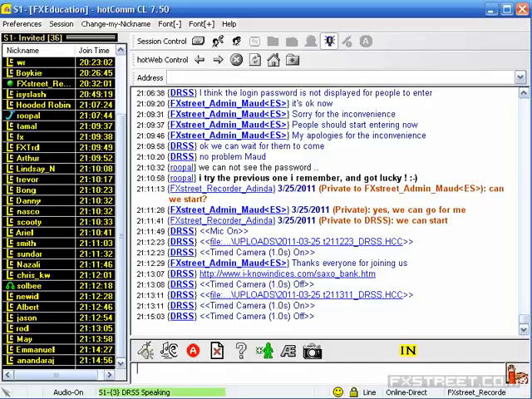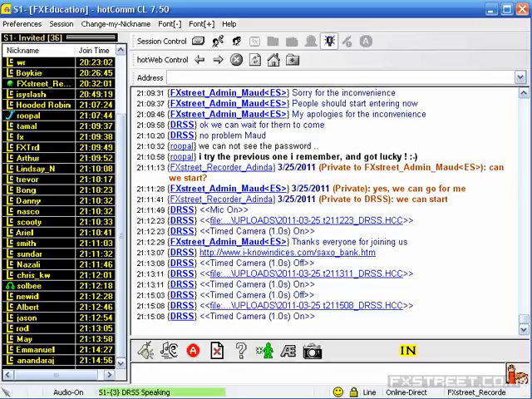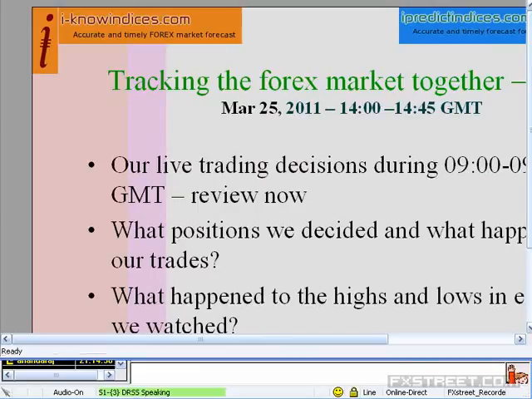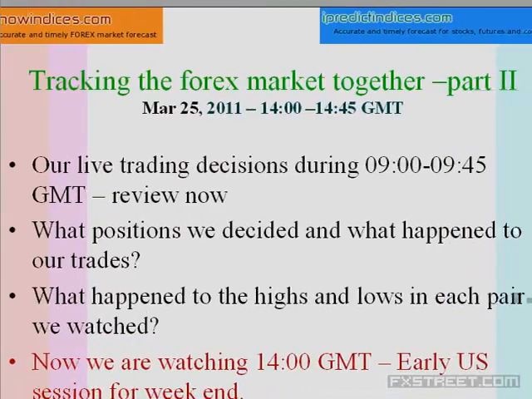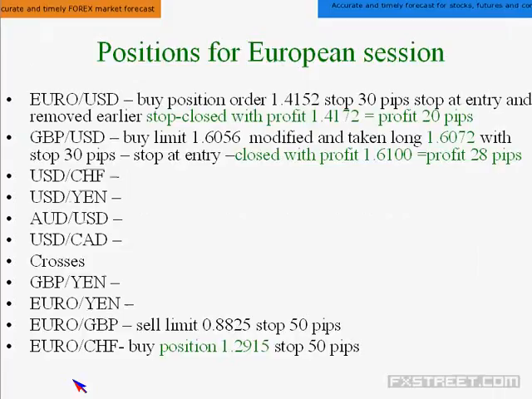These are all the current levels compared to the European session. So I'll explain the trades I took during the European session and what happened to them. I kept a buy order at 1.4152, and when the market was around 1.4162, 1.4163, 10 pips below that, before the close of the webinar that got filled. Then they came down to 1.4143 and 1.4144 and went up again.